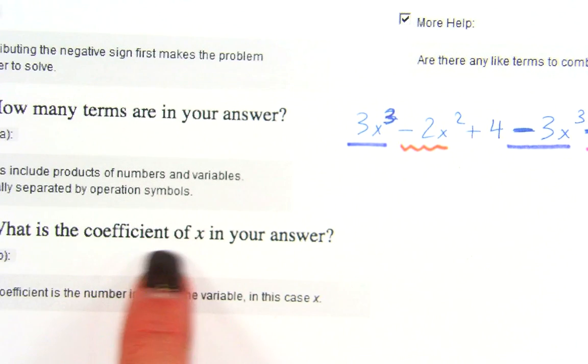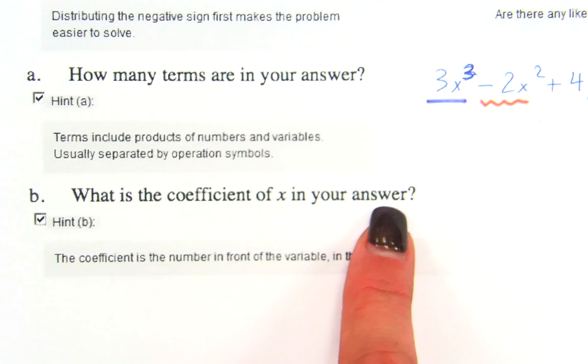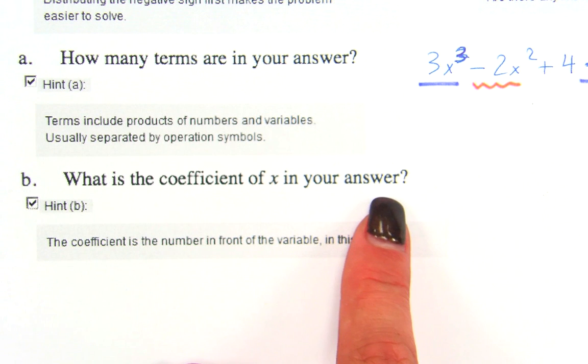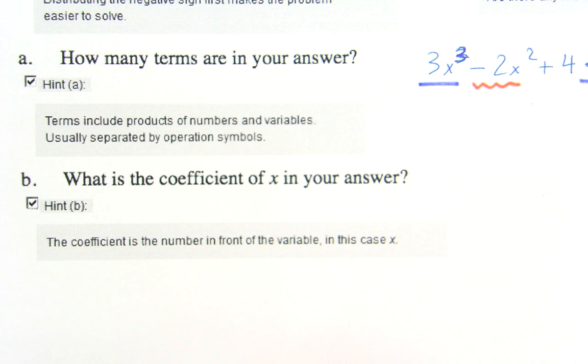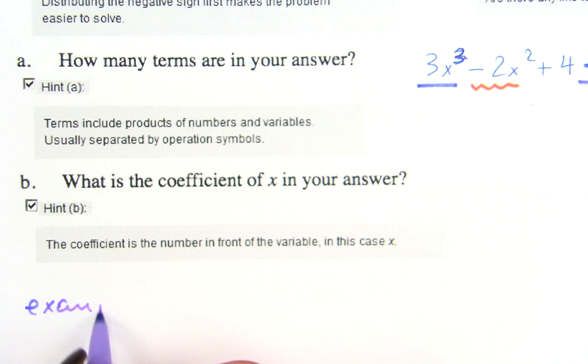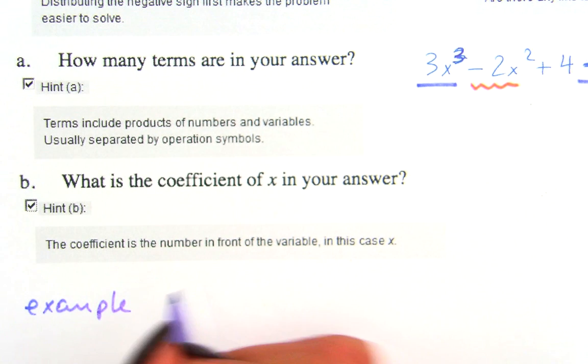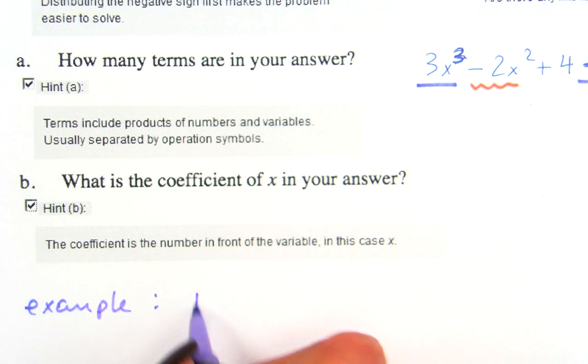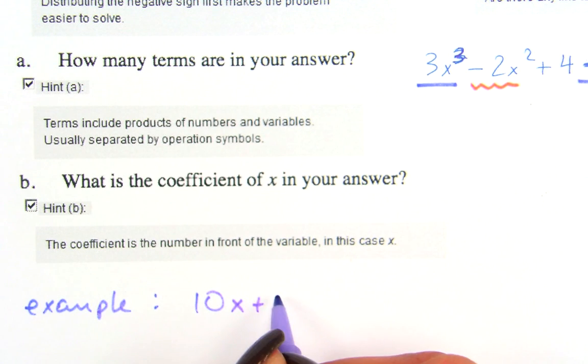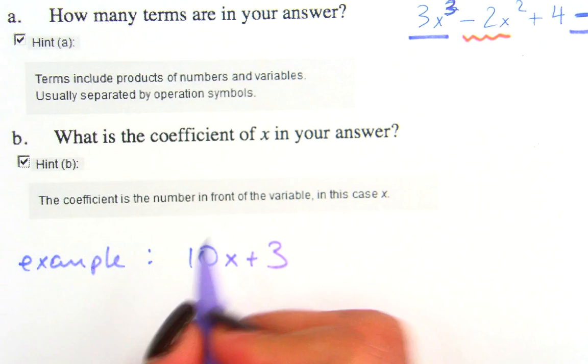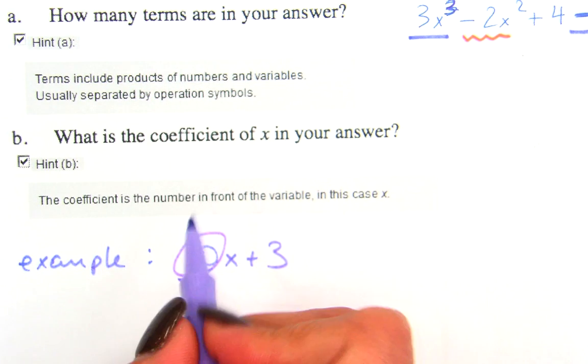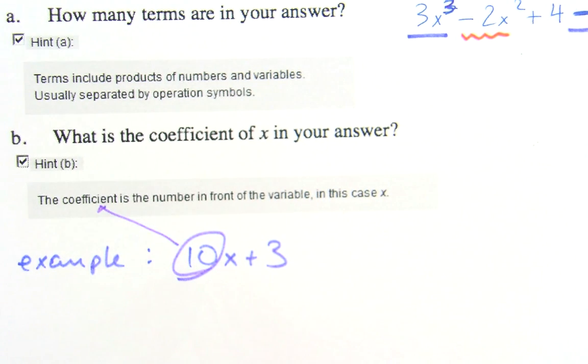And then what is the coefficient of x in your answer? The coefficient is the number in front of your x. So for example, if you have 10x plus 3, 10 is your coefficient because it is the number in front of the x.